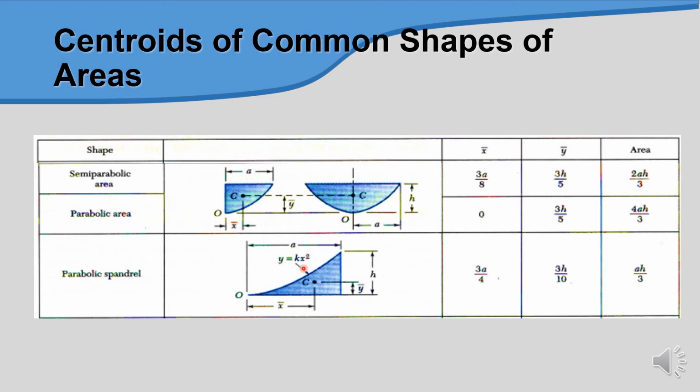In this case, the centroid of this triangle is something like this. If we see a problem related to common shapes, maybe we can use this formula to assist us in getting the values of x bar and y bar.